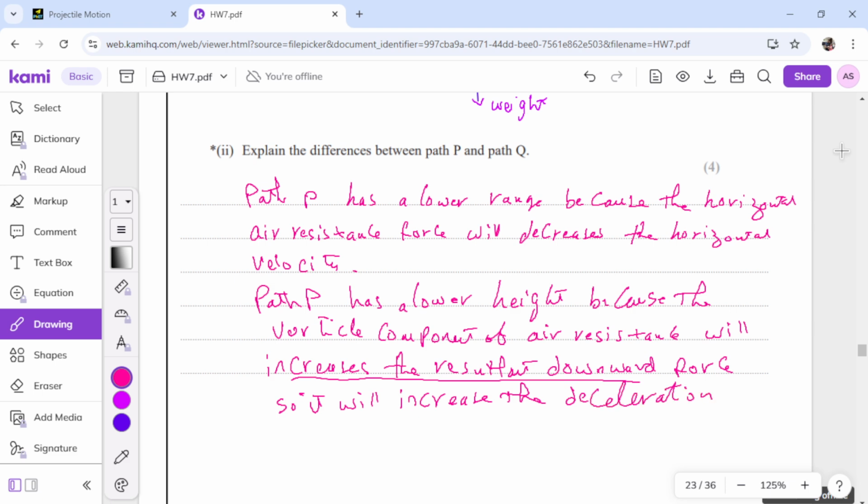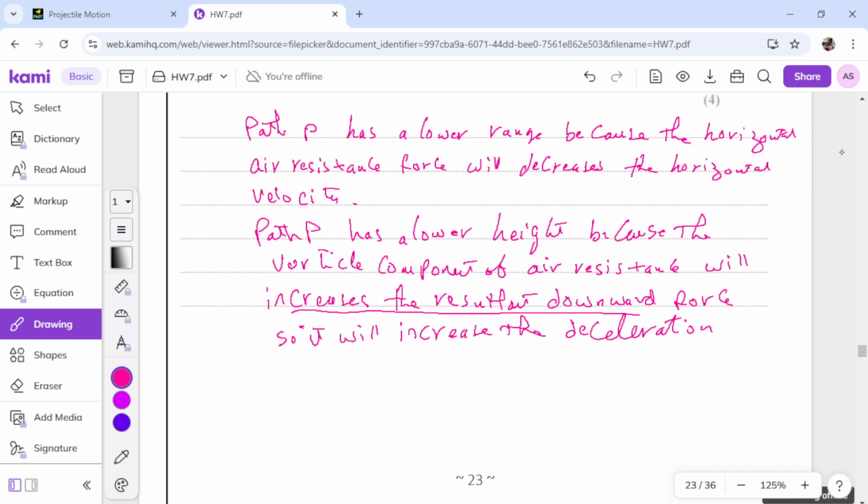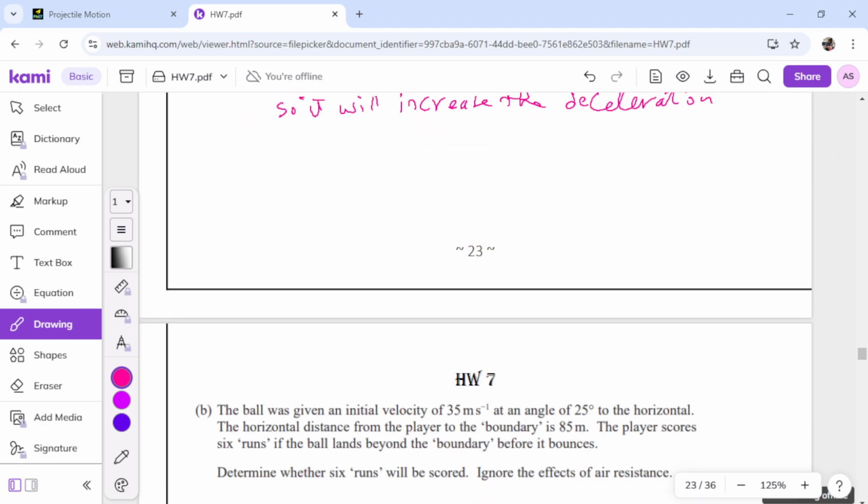This is why we have a lower maximum height. Now let's move to the next.